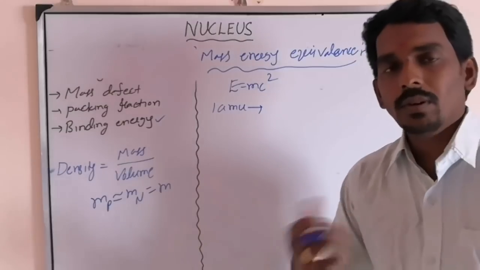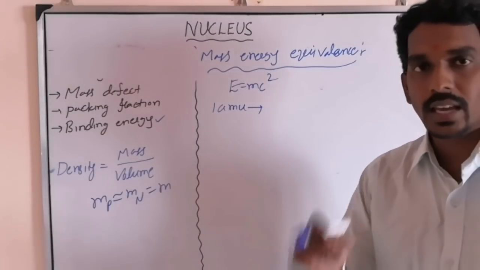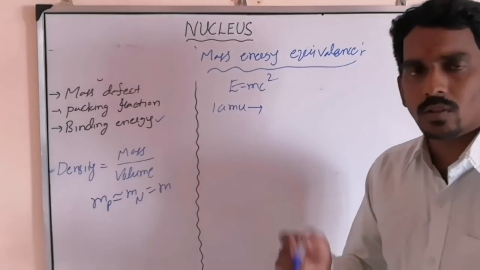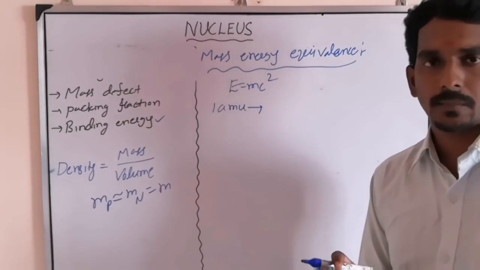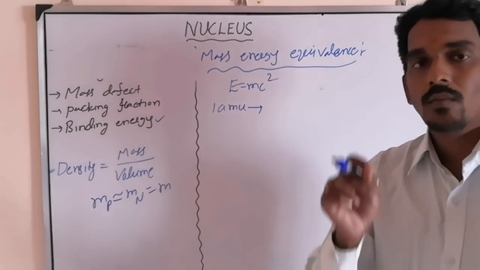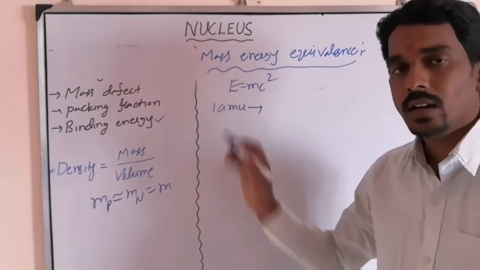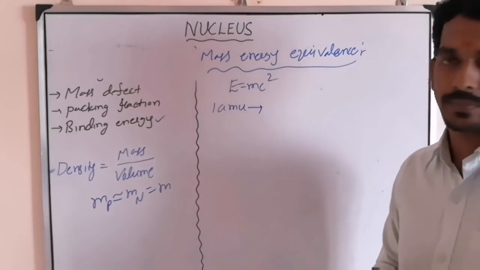Then for any atom, if they have given, say, 7.7 AMU, and you know the energy of 1 AMU, you can multiply that with 7.7 and easily get it. That's why we always remember the energy equivalence of the basic fundamental unit, 1 AMU.